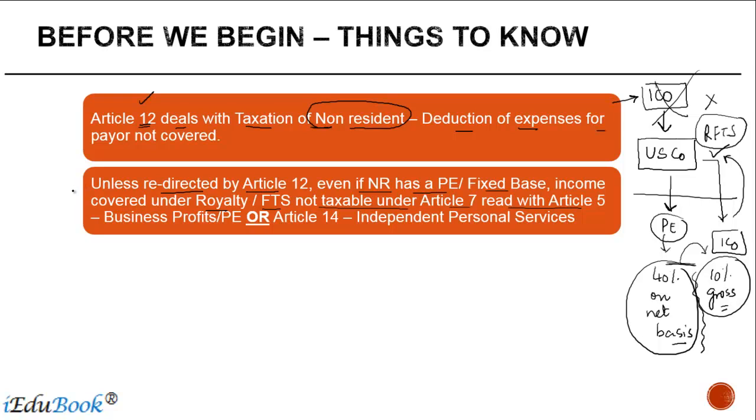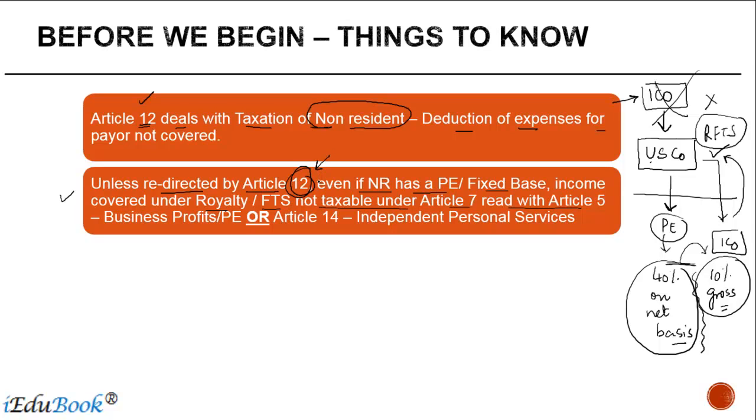The answer to that lies in this particular piece here. What this means is that if an Indian company makes a payment of royalty or FTS to a US company, it has to be dealt with strictly as per Article 12.